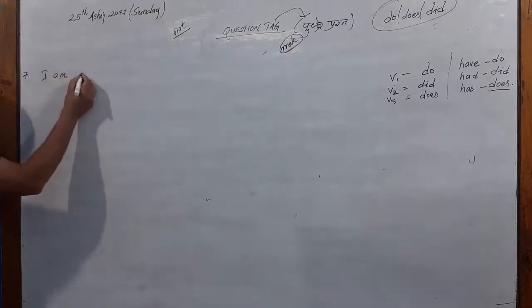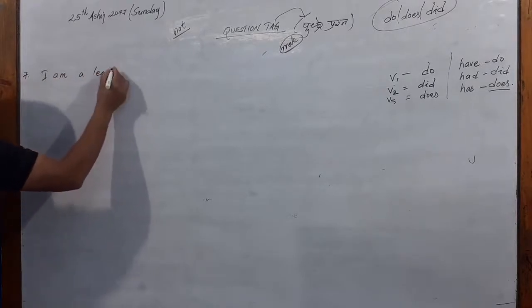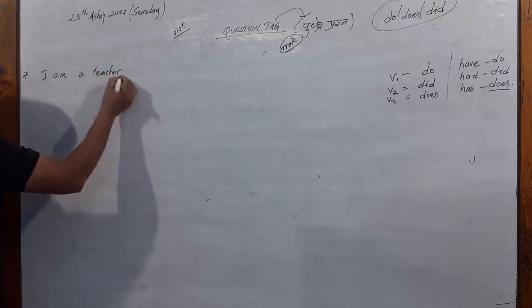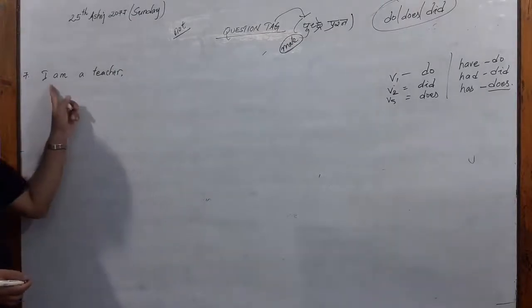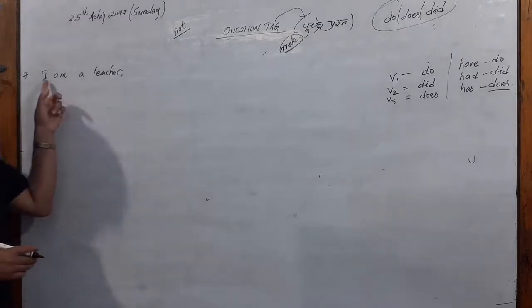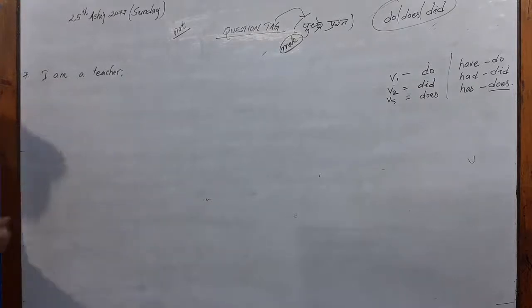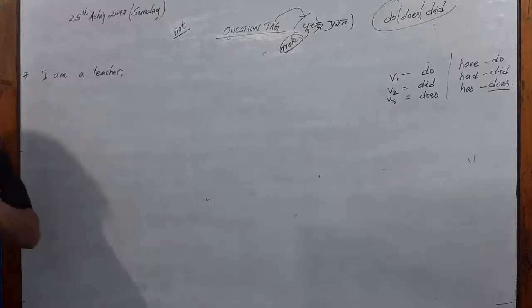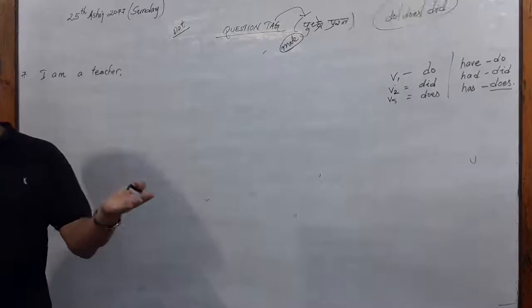I am a teacher. You know very well that am is auxiliary verb, but in question, it doesn't take am because I is singular, but it always takes plural verb, like I do, not I does.